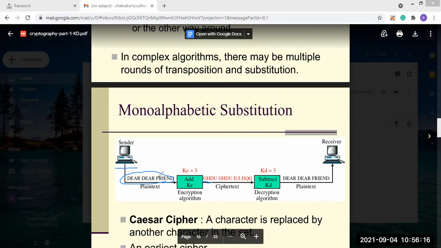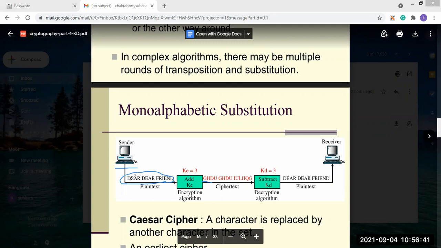That means the ciphertext character will be 3 higher than the plain text character, with the position increased by 3 to become the ciphertext.